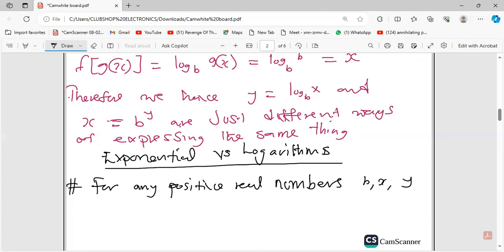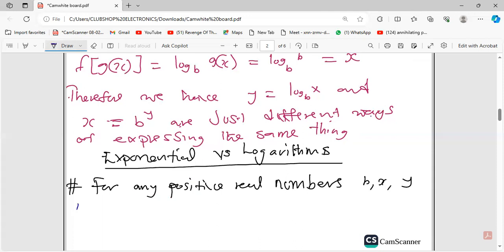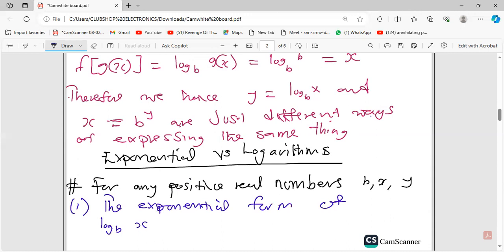Number one, the exponential form of this log form, which is log b of x equal to y, deal with your base.